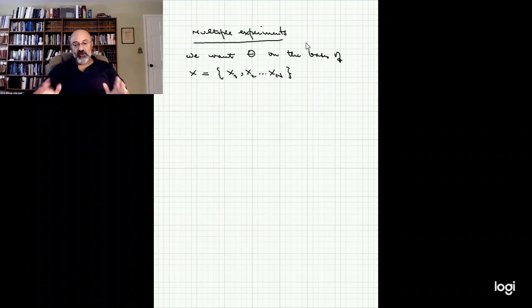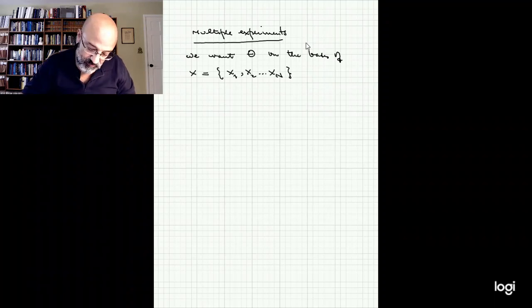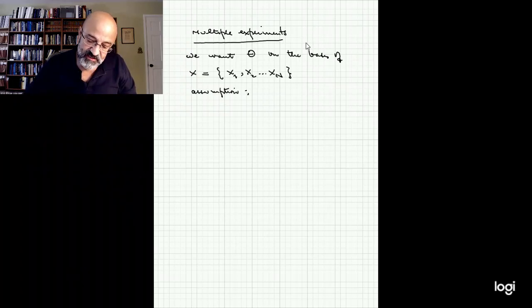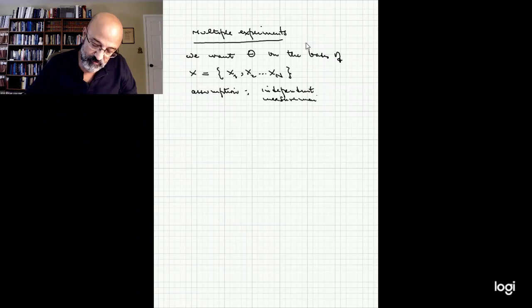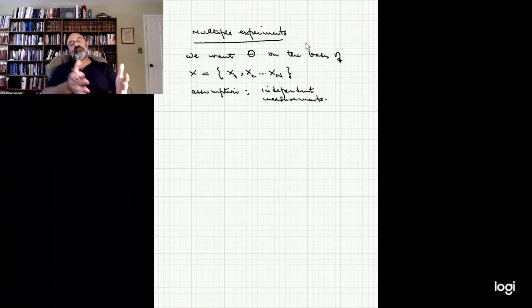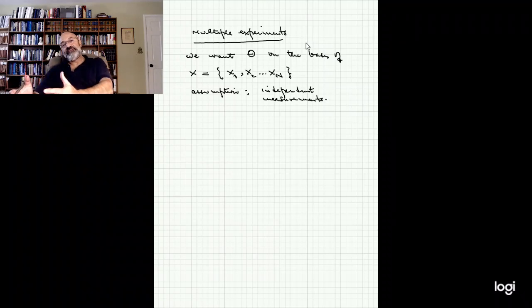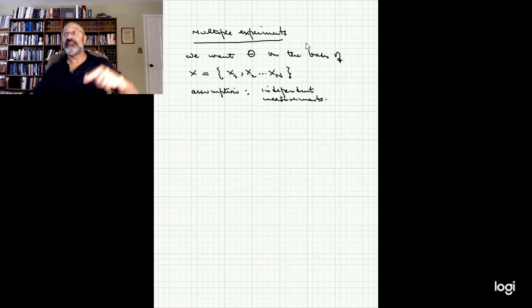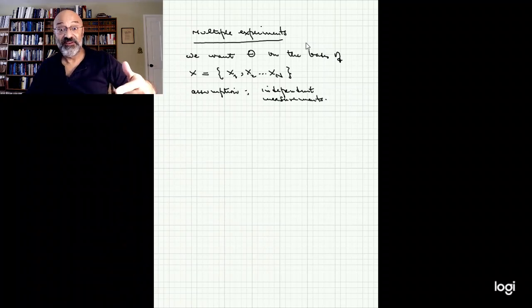Now, we're going to make the assumption that the various measurements are independent. So basically, you do one experiment, and the second experiment is completely independent of what the first one gave you, and if it were not, you would probably not be doing your experiment properly.